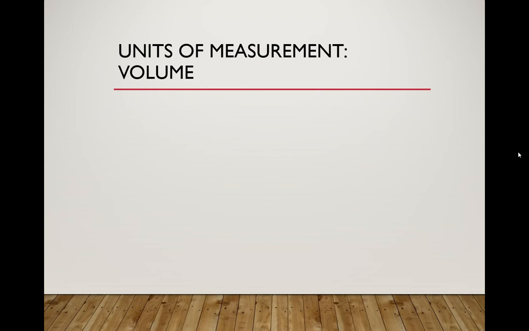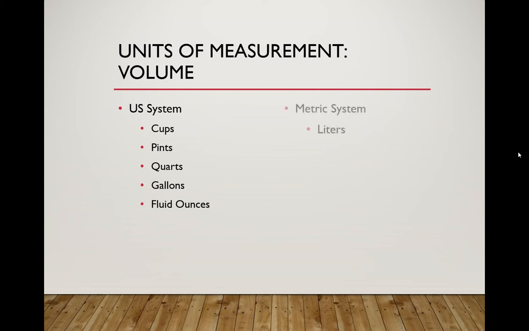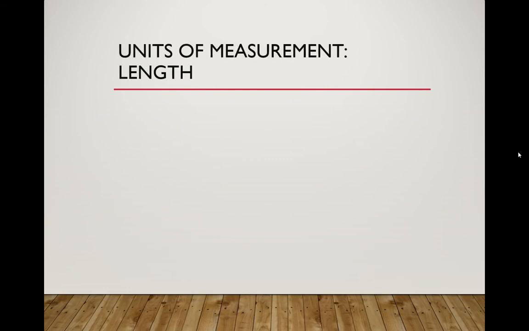Okay, so the units of measurement. And so now we're going to see right now why I like the metric system. So in the US, I have cups, I have pints, I have quarts, I have gallons, I have fluid ounces, I've got it all. In the metric system, all I have is liters. All I have to think about is liters. With length, the US system has inches, feet, yards, and miles. That's a lot.